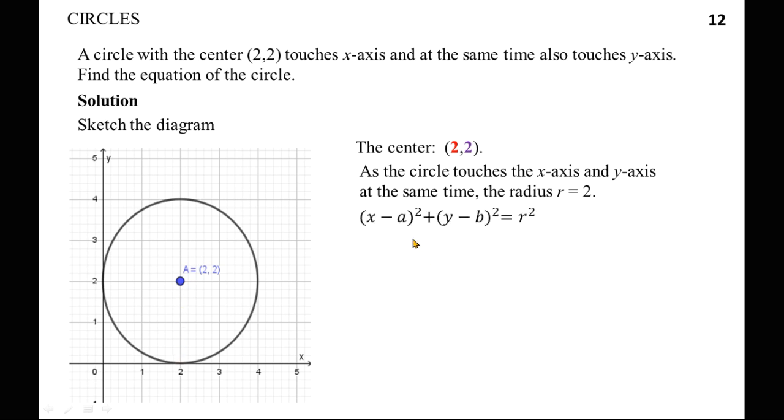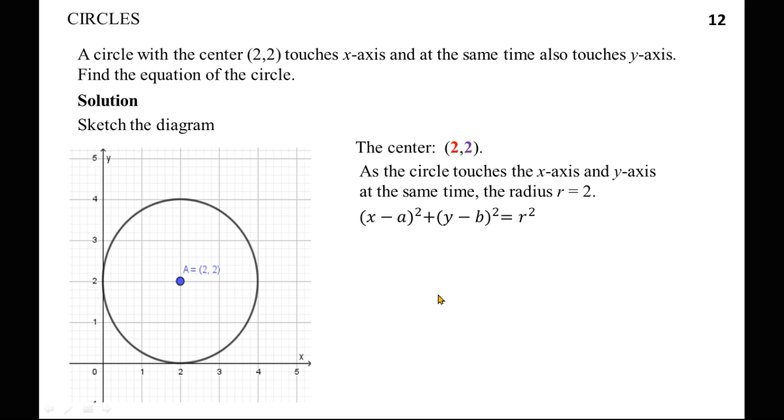So this is one form of the circle: (x minus a) squared plus (y minus b) squared equals r squared. a is from the center, b is also from the center. a is the value of x in the center, and b is the value of y in the center.